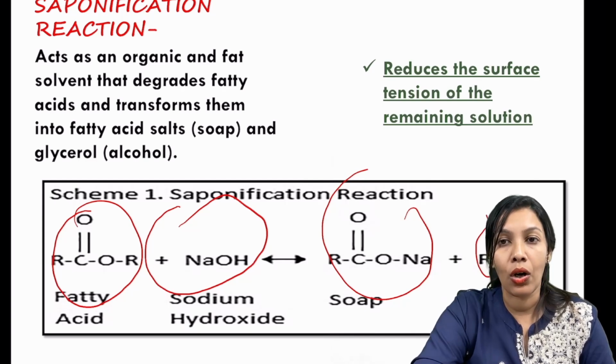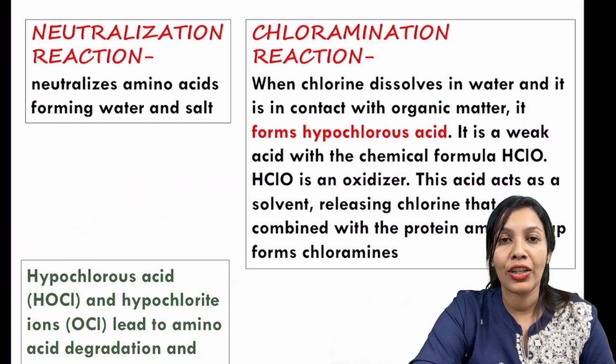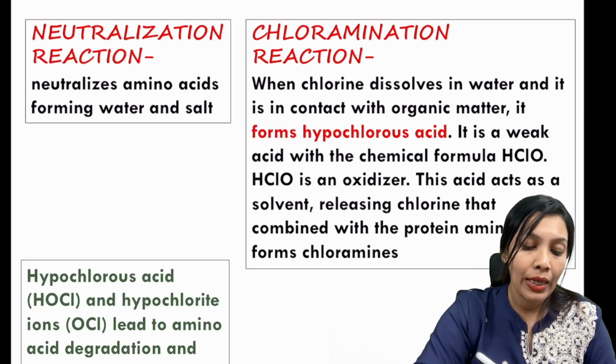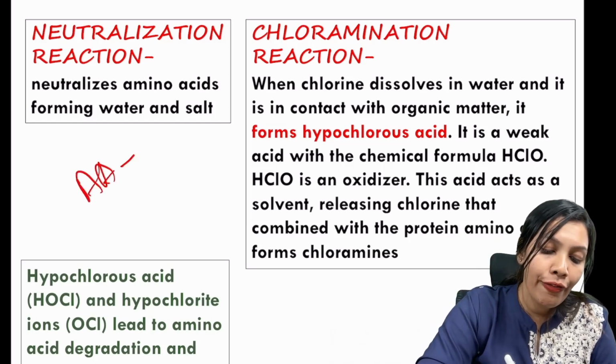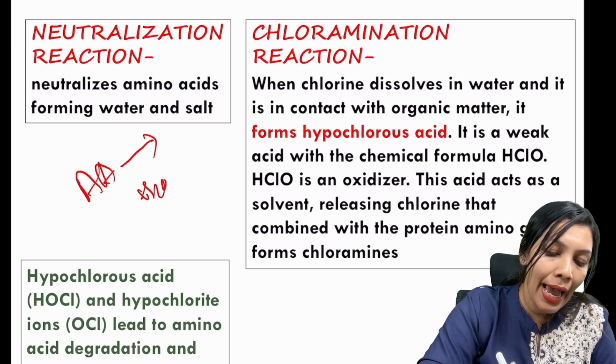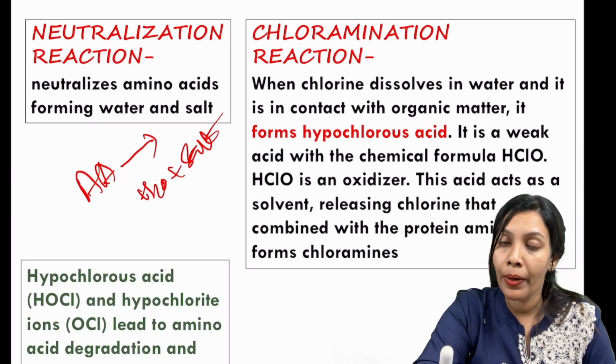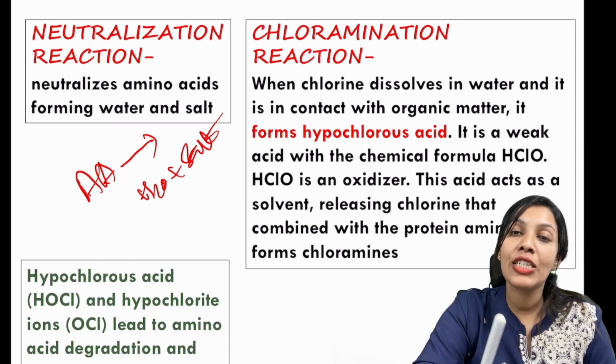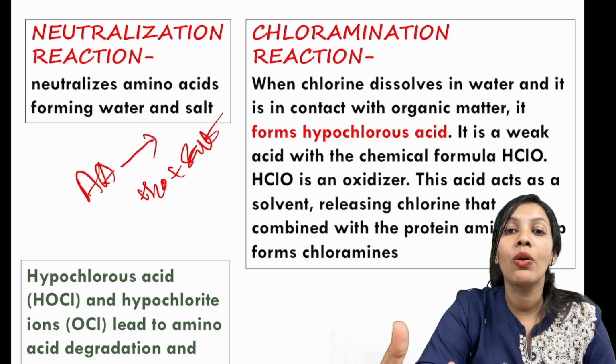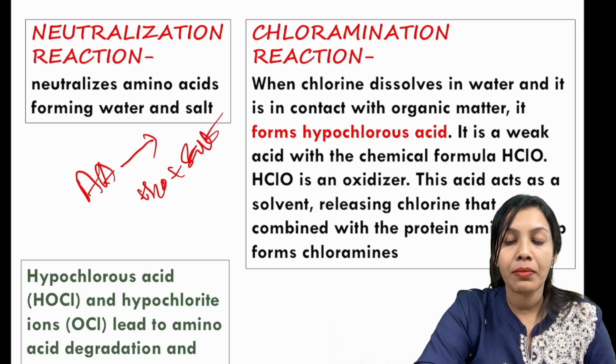That is the first reaction. Next is the amino acid neutralization reaction. Sodium hypochlorite reacts with amino acids to form water and salt. Saponification gives soap; amino acid neutralization gives salt and water.